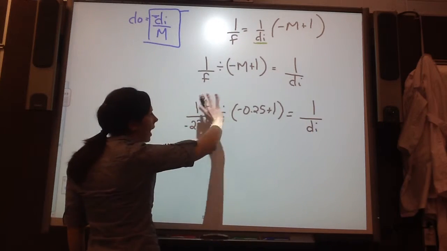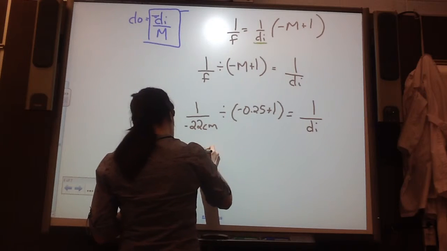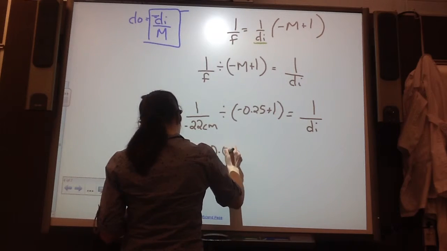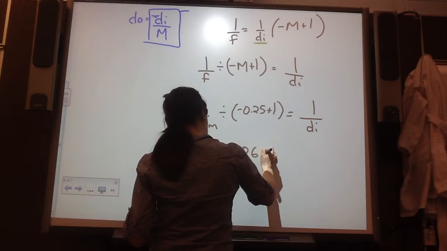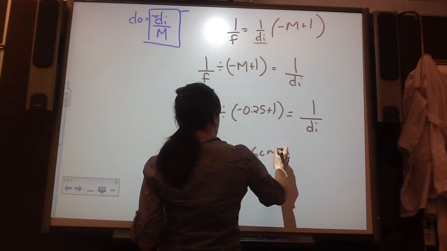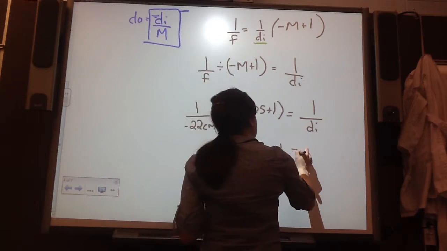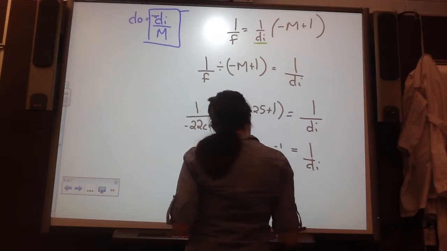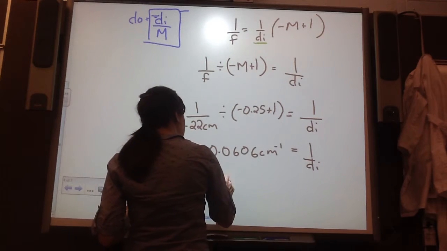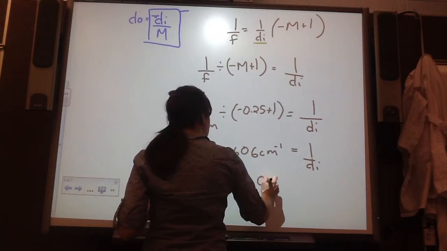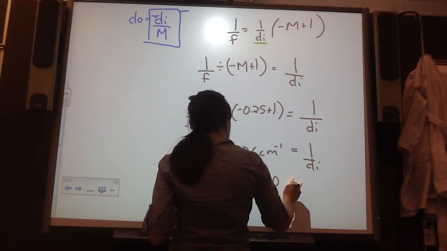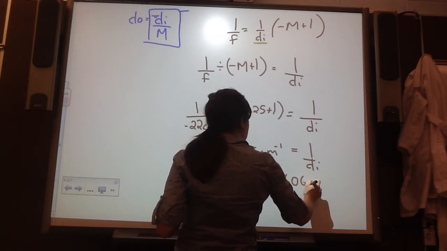When you put that into your calculator, you get negative 0.0606 centimeters to the negative 1 is equal to 1 over di. So then di is equal to 1 divided by negative 0.0606 centimeters.